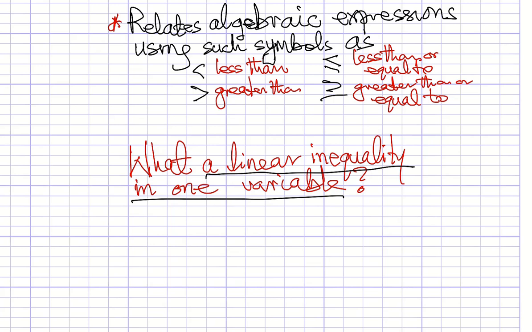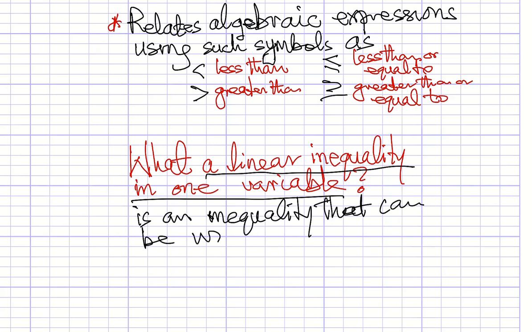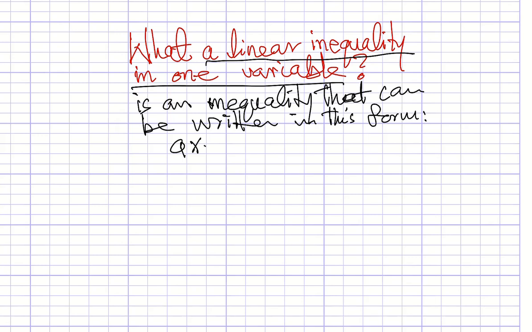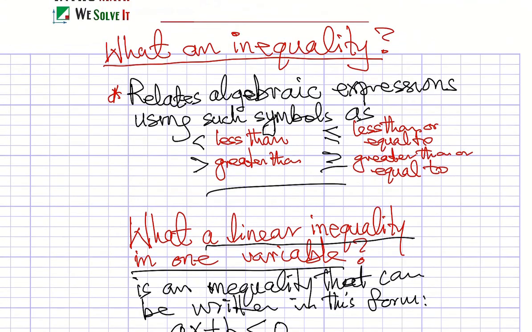It just means that it's an inequality that can be written in this form: a times x plus b is less than 0. It can be written using any of those symbols.